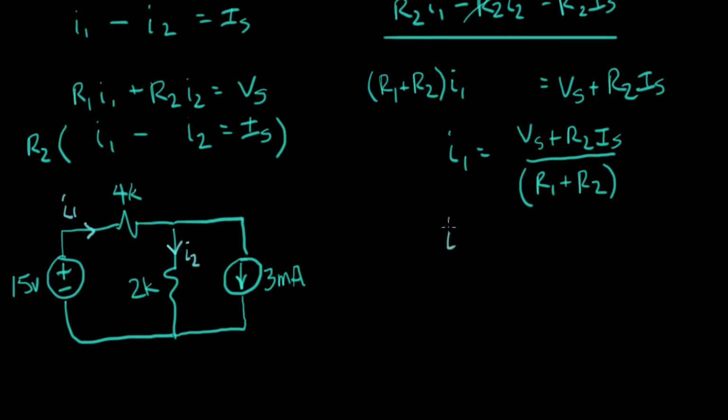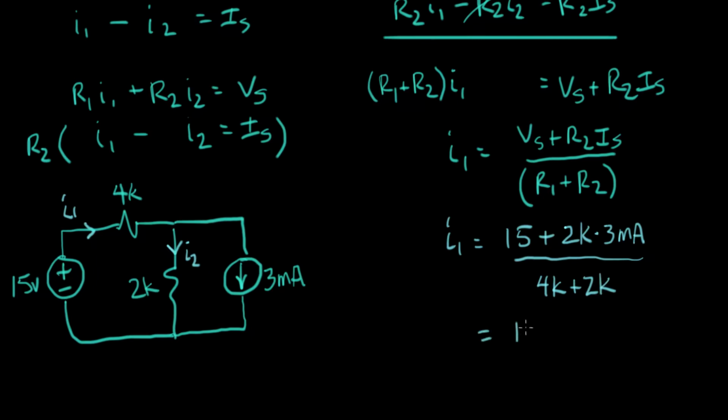So I1 equals Vs 15 plus R2 is 2K times Is, 3 milliamps, divided by 4K plus 2K. So let's solve this. That equals 15 plus 2K times 3 milliamps is 6 volts.